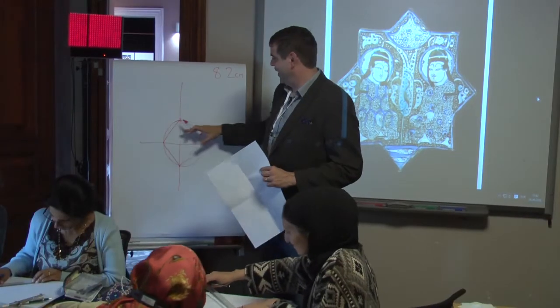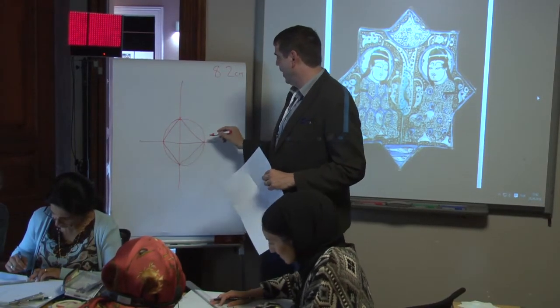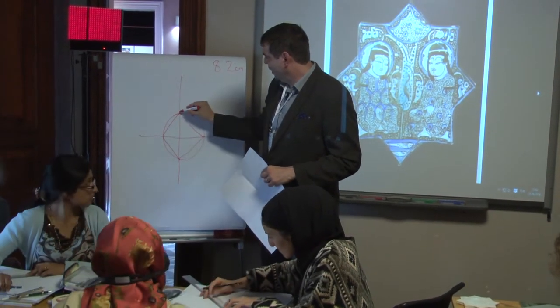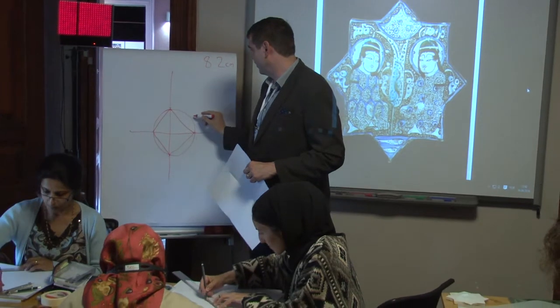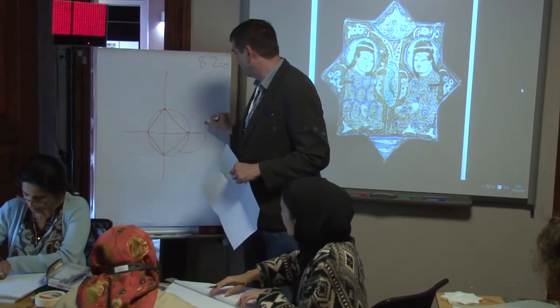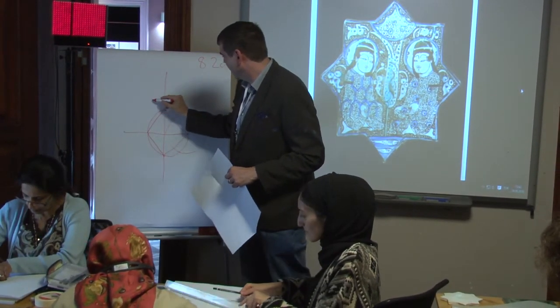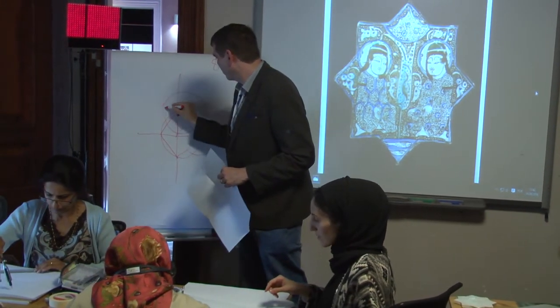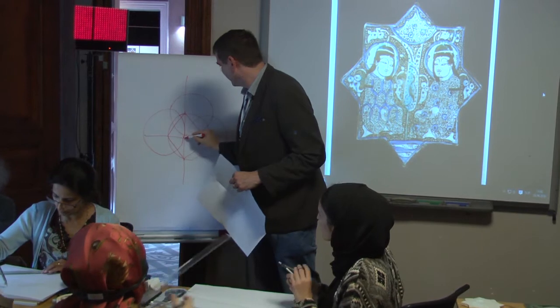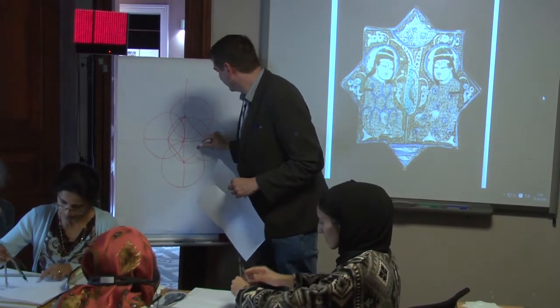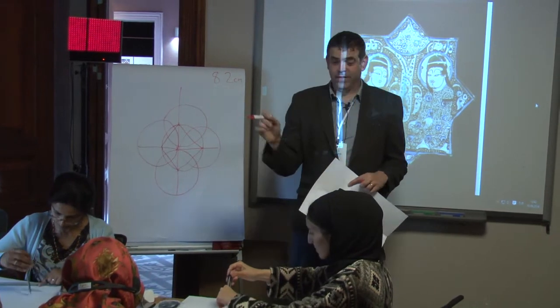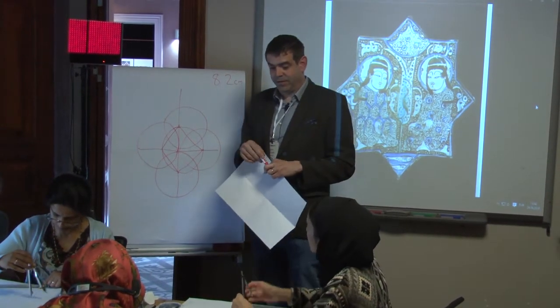For those of you who know about geometry, now we have to get the other square. So we're going to place our compass point on the points of the square and draw other circles. Same thing, don't change your compass at all.